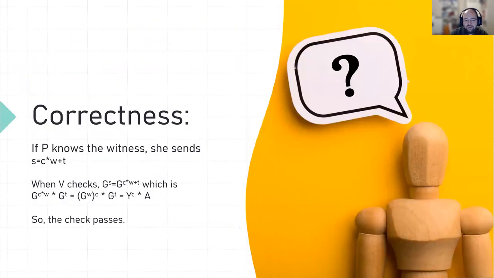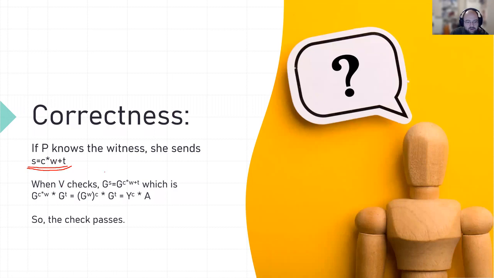Okay, so let's start with correctness. What we said the prover is supposed to do is, knowing the witness, they multiply the witness by the challenge they got, they add the blinder T, and they send that to the verifier.